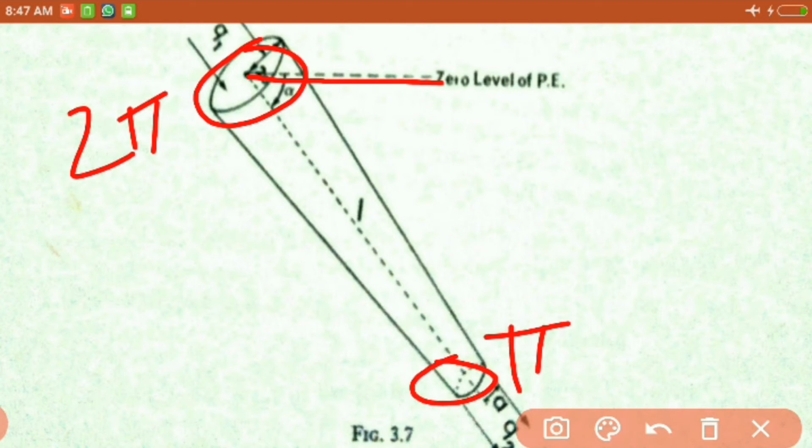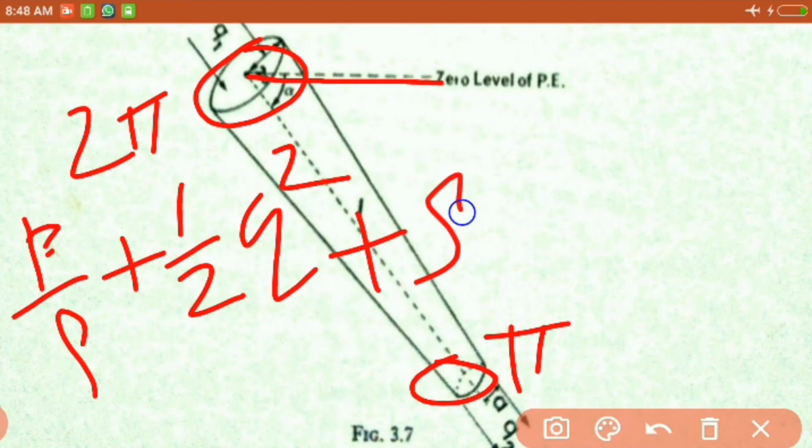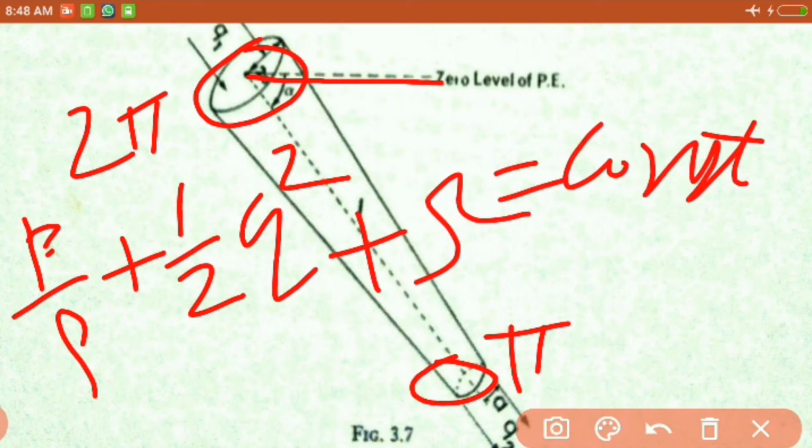Then Bernoulli's equation is p upon rho plus 1 by 2 q square plus omega is equal to constant.